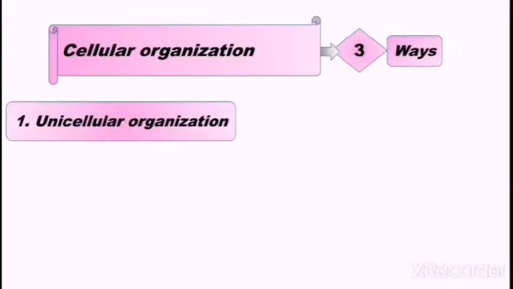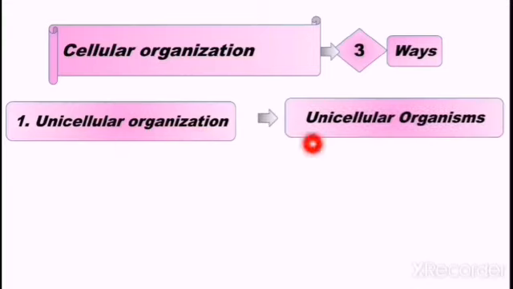The next is cellular organization. In cellular organization, we will discuss how cells are organized. Do you know that, students? Cells are organized in how many ways? Cells are organized in 3 ways. The first one is unicellular organization. In unicellular organization, which organisms are going to be formed?